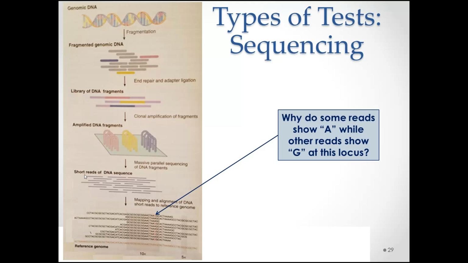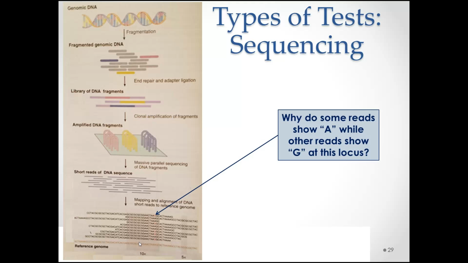And what you wind up with are a whole bunch of these short reads of DNA sequence, where you now know exactly what the DNA sequence is of each of these reads. What happens now in next generation sequencing is each one of these reads gets aligned or mapped to a reference DNA. So you grab the reference genome from the NCBI site, and each read is mapped.